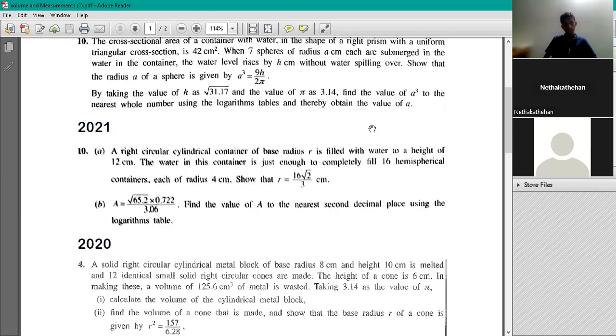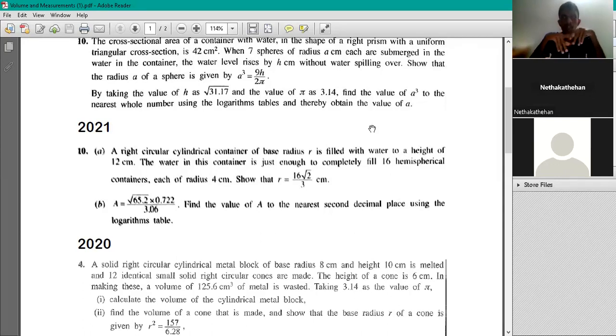The water in this container is just enough to completely fill 16 hemispherical containers, each of radius 4 centimeter. Then show that R equals a given value.